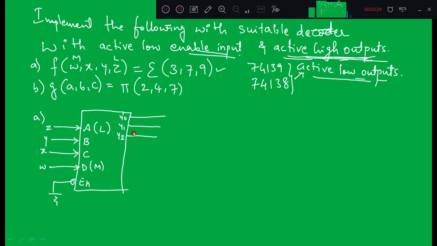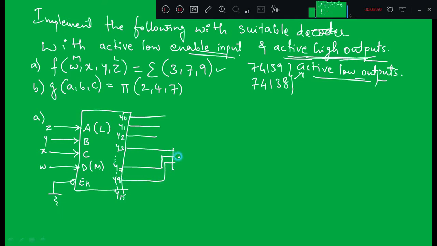I'll show only the outputs which are required for me. So y3 I require, then y7, then y9, and the rest you write till y15, right? So y3, y7 and y9.